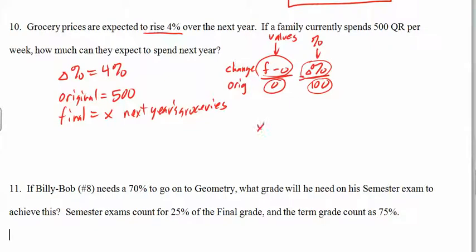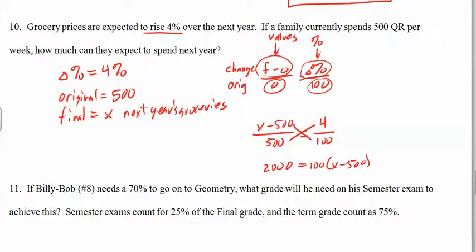We'll go final minus original over the original equals the percent change over 100. We cross multiply, we get 2,000 right there, equals 100 times x minus 500. You can put the x minus 500 first and the 100 after. It doesn't matter. Mathematically it's multiplication, so it'll be the same thing either way.